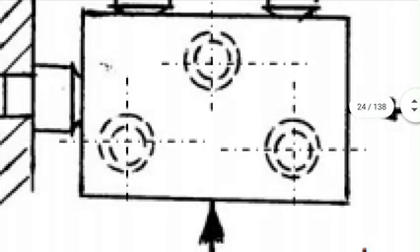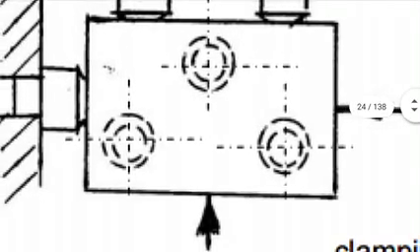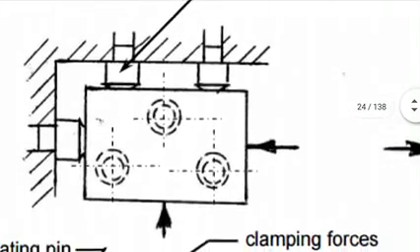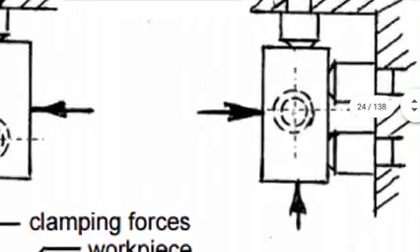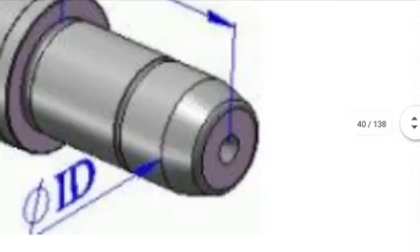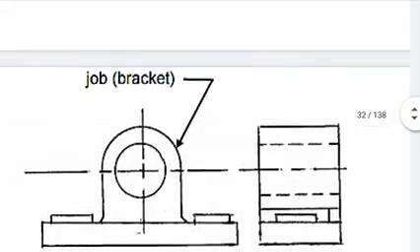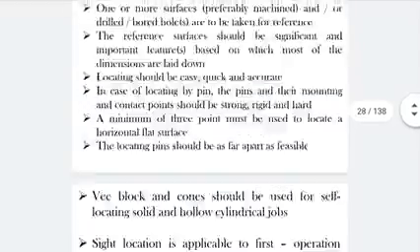Why? Because there are 2 side pins, or 2 locating pins, over there. That means the component has to move in the away direction. The component cannot come towards the jig body. In this view, it is clear how the component is resting or how the component has been stopped. We will see.